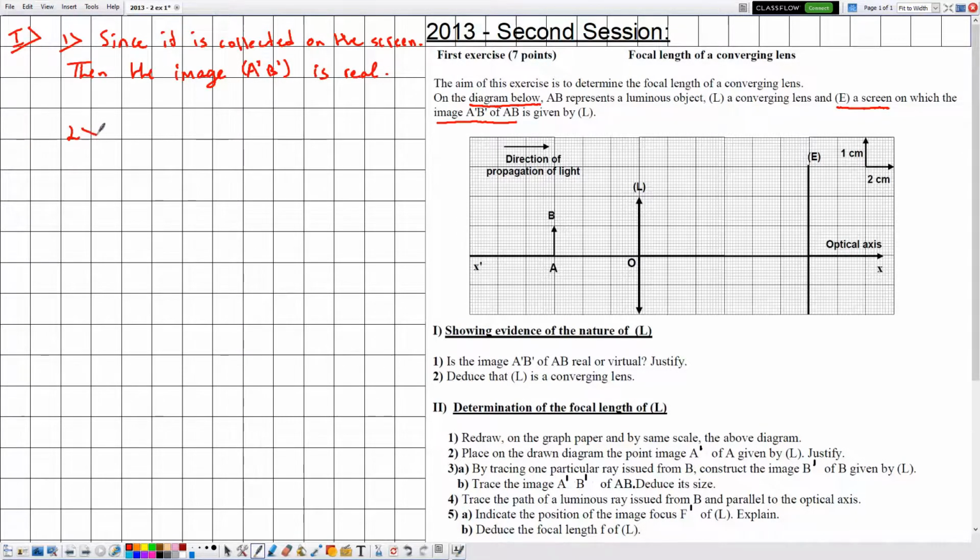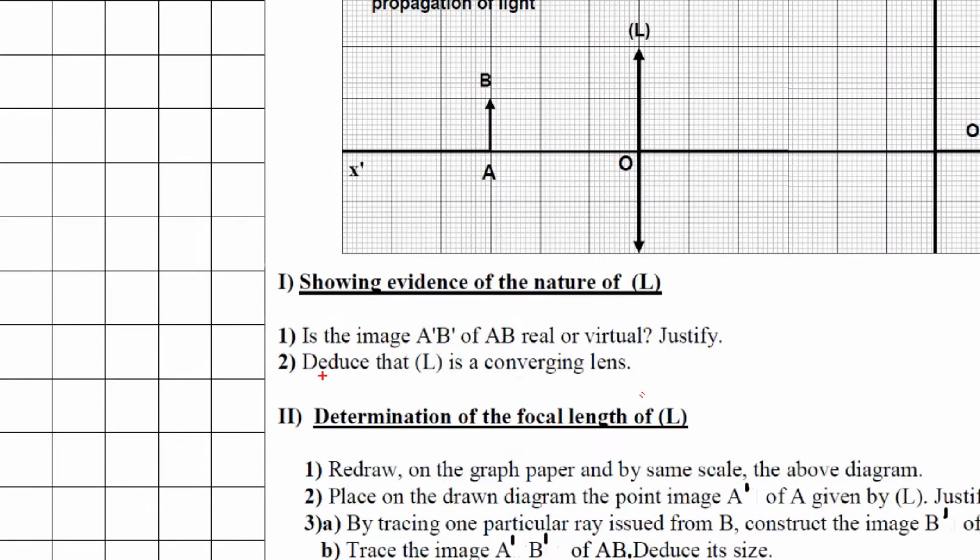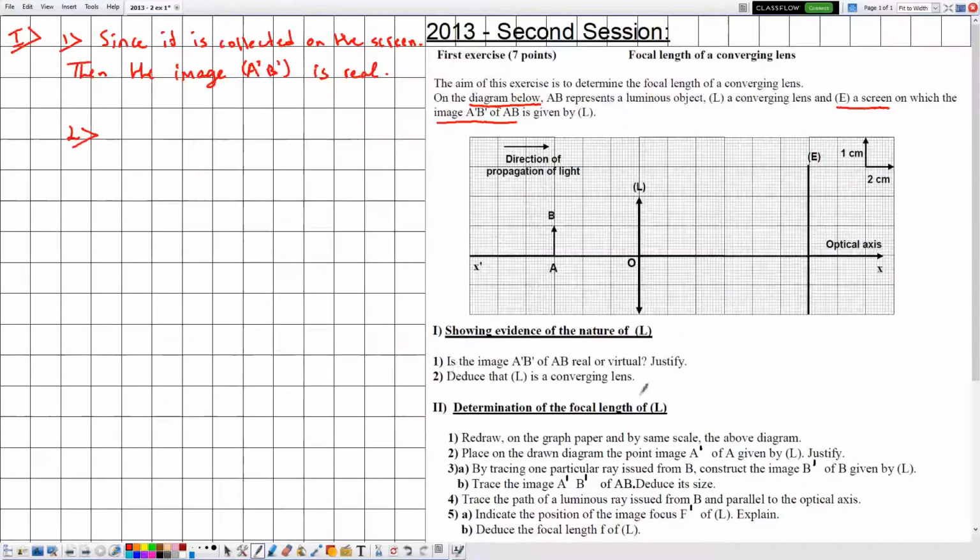And now in number 2 they are telling me deduce that L is a converging lens. And the word deduce means here that we need to use the part just previously before. So in number 1 we have justified that the image is real. And this means that L is a converging lens, because we know that only a converging lens can form a real image which can be collected on the screen.